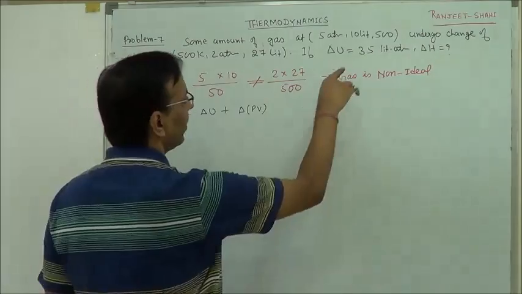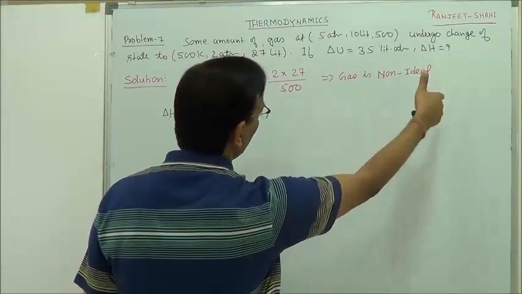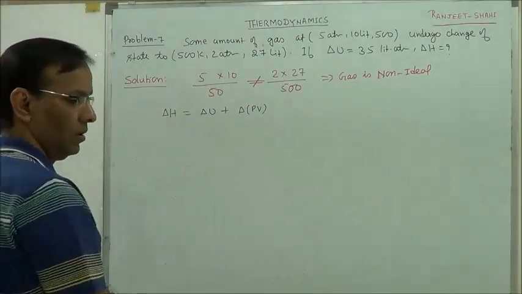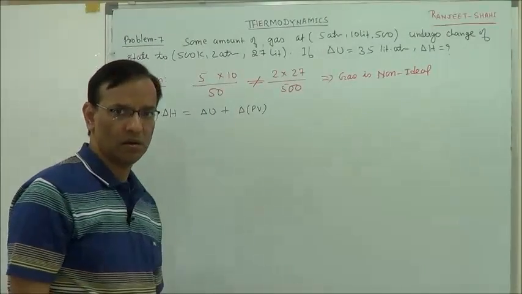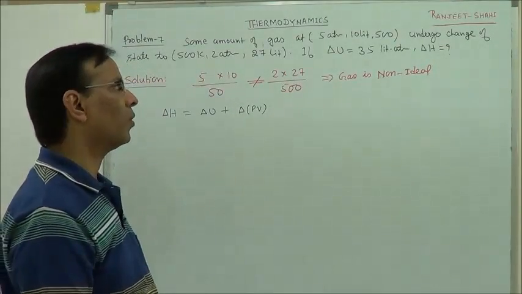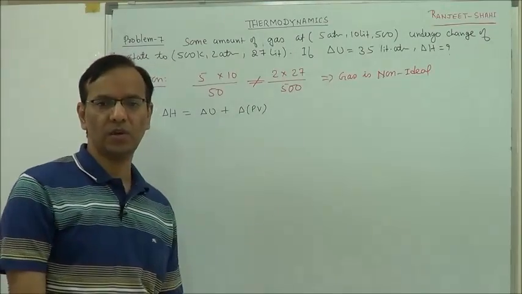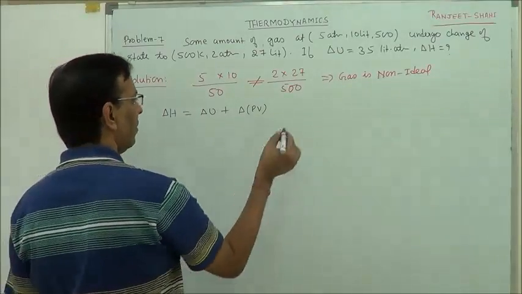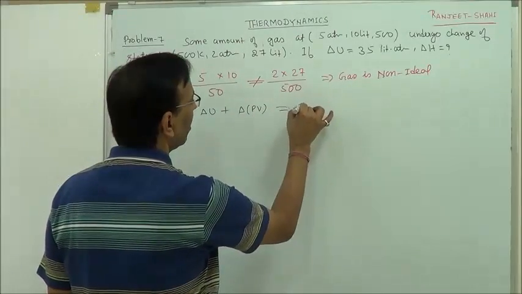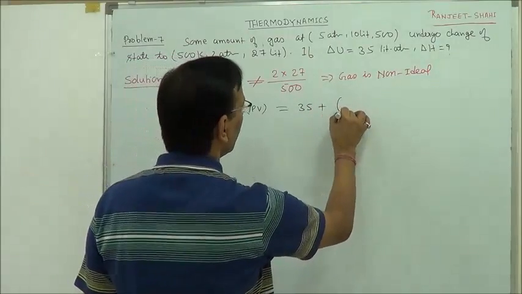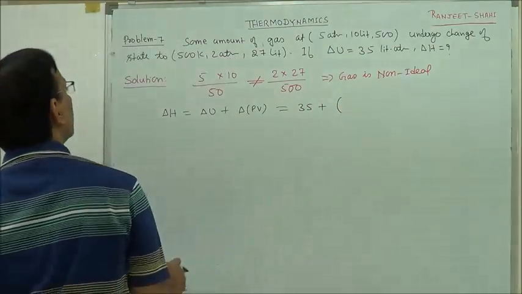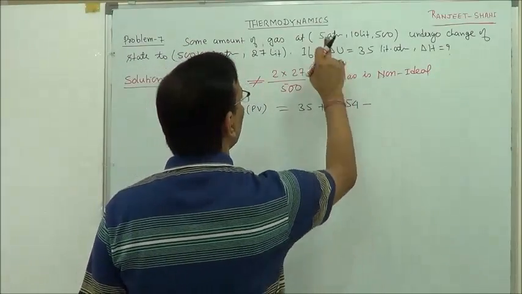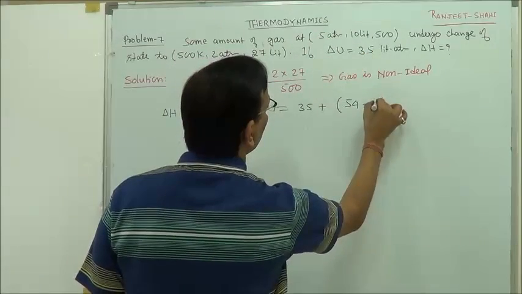One can try to find out Cv since delta U is given, adding R, Cp can be known, and from that delta H can be known, but that will be wrong, because gas is not ideal, so Cp minus Cv will not be R. Simply it can be solved using this, so it will be delta U 35 plus P2 V2, 54, minus P1 V1, 50.